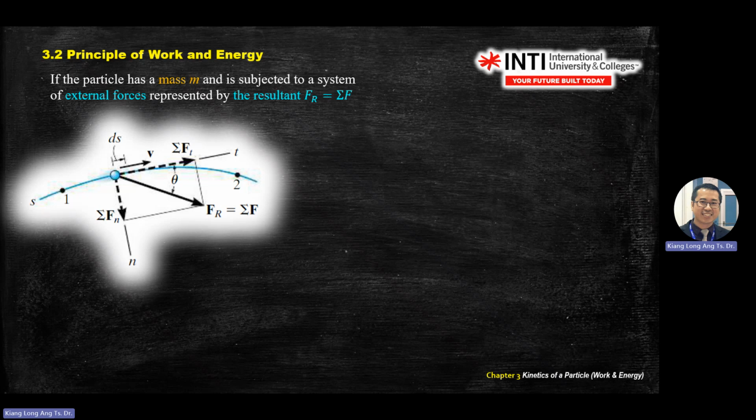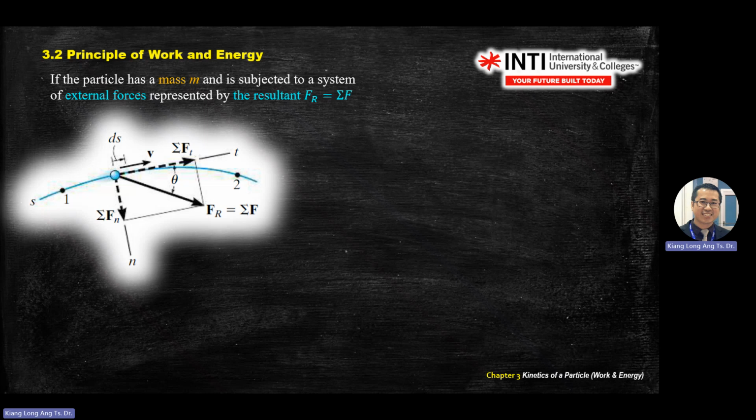So when there's an external force or resultant force acting on this particle, you know that you can always split your resultant force into two axes. In this case, because it moves along a curve, you can split this resultant into tangent and normal direction. And this is a small distance traveled along the curve.